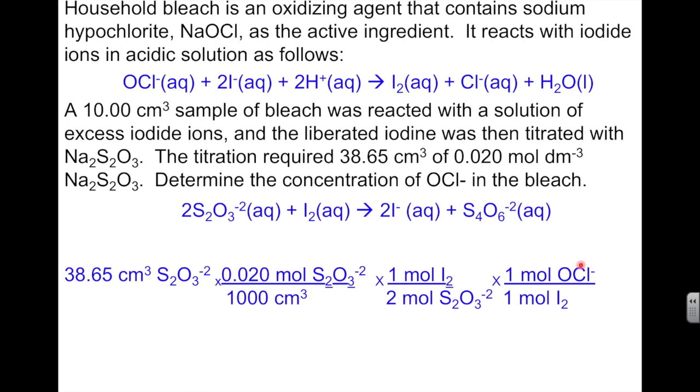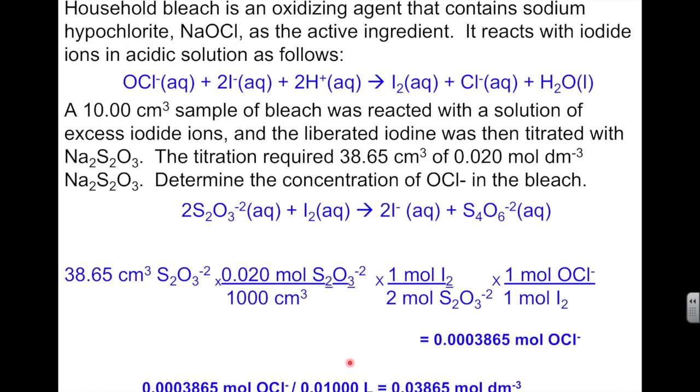So you were combining 2 different equations. That's okay. You're allowed to do that. You will find that many moles of OCl. It asked me the concentration, so I'm going to take the moles and divide it by the liters. It was in 10 milliliters, so I'm going to use that.